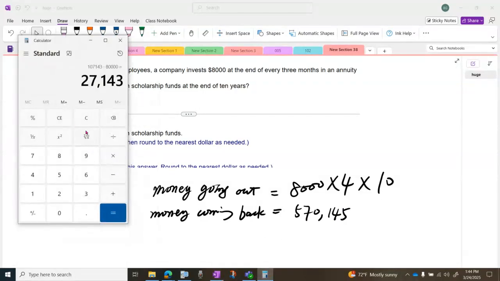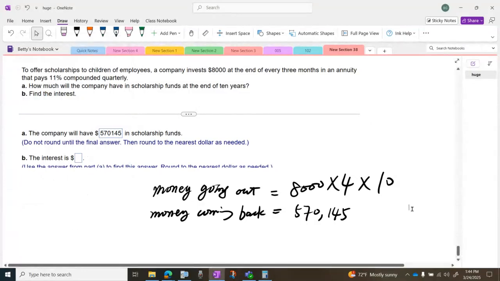We can use a calculator. So 8,000 times 4 times 10, 320 grand. Okay, the money coming back is a lot bigger than that.